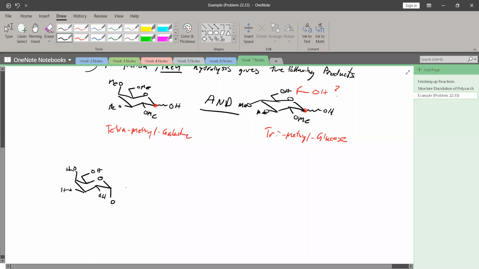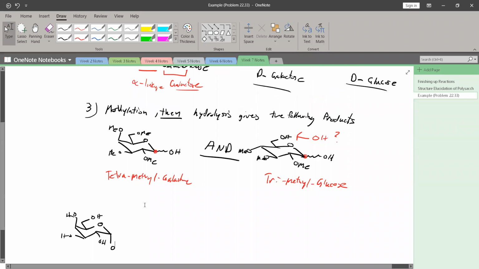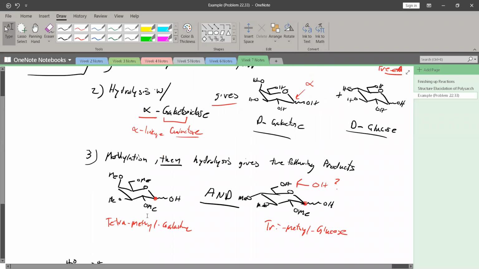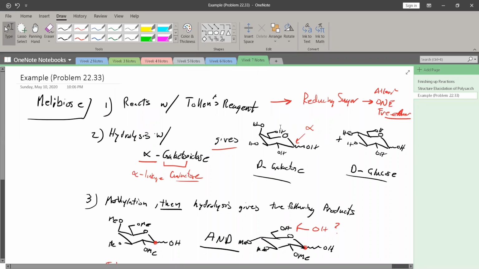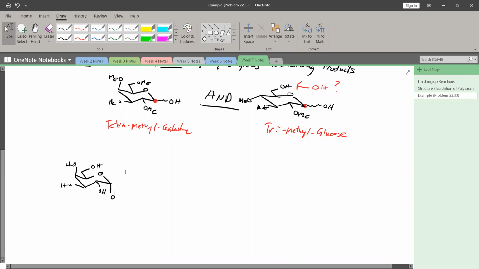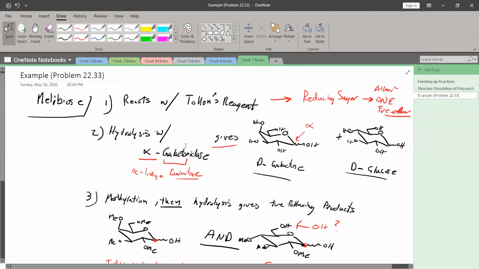But where are we going to actually attach to the next sugar? Well, if this is not free anymore, then there has to be at least one free anomer. So looking at the glucose that we had, it can't be attached to the anomer because it needs to be free.